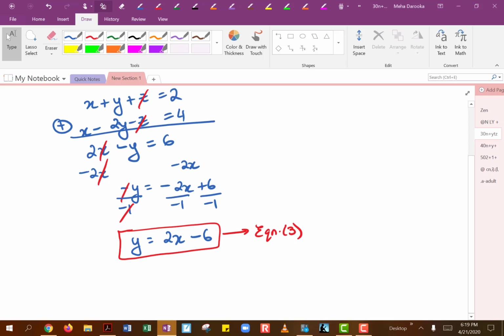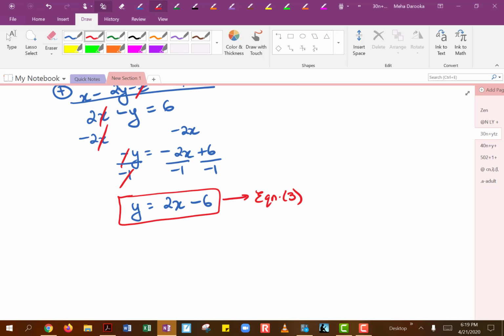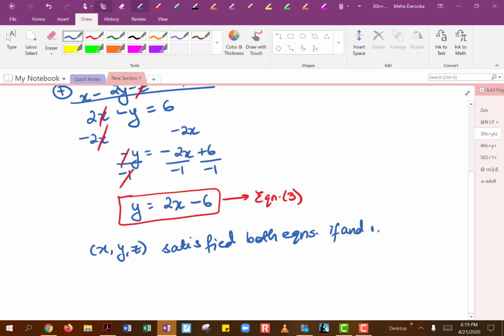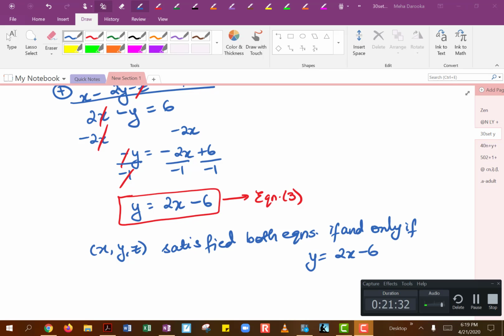But just before we do that, what we are saying here, when you end up with y equals 2x minus 6, is that our ordered triple x, y, and z will satisfy both of the original equations if and only if y equals 2x minus 6.